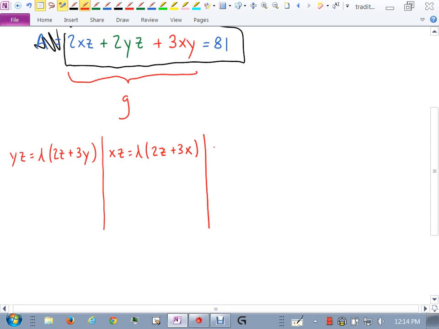Next equation will be XY equals lambda, now with respect to Z, 2X plus 2Y. And then our constraint. I'm just going to say constraint equation. I don't feel like rewriting that whole thing.